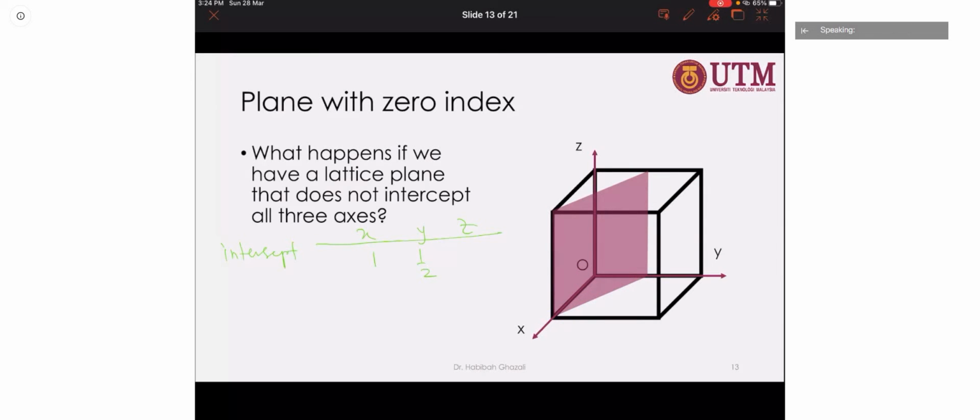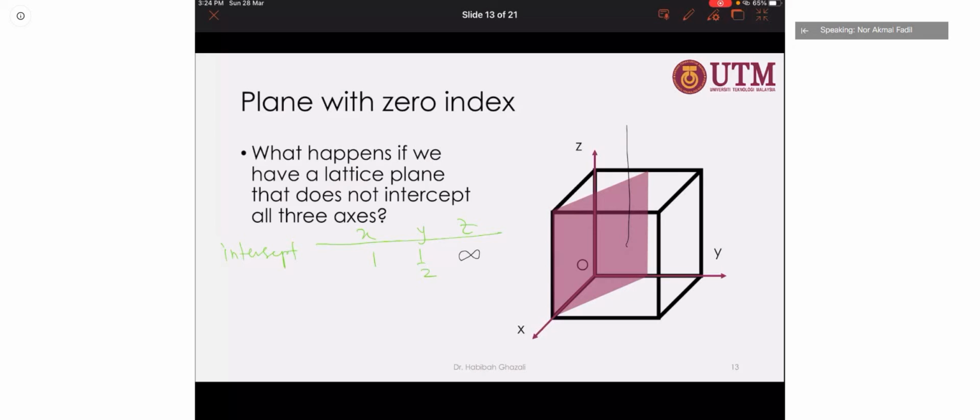Why infinite? Because of course, there's no perfect parallel. In this world, somehow at an infinite distance, it will intercept at the z direction. So that's the reason we identify this as infinite.